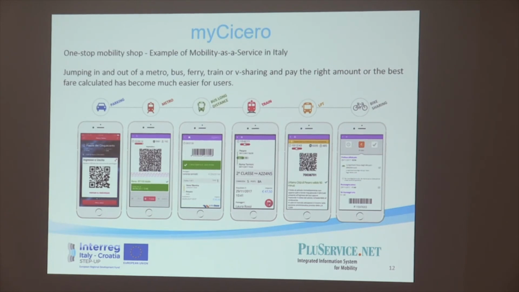We think it's an important platform because with the same interface and the same user experience, people can travel through all modes of transport in Italy in different cities.